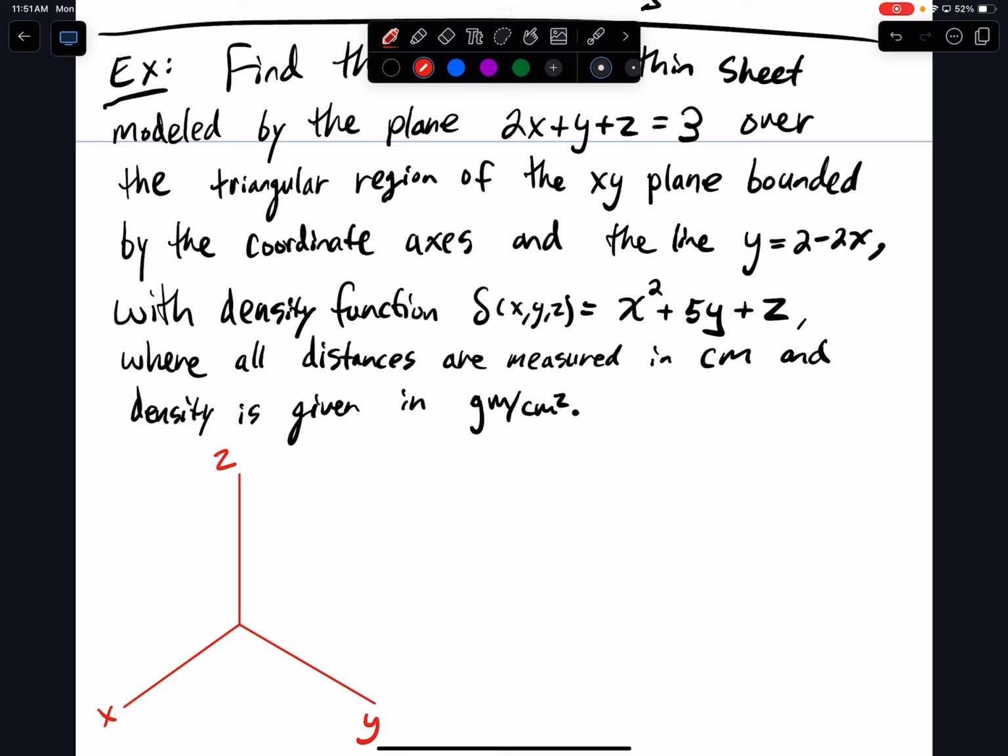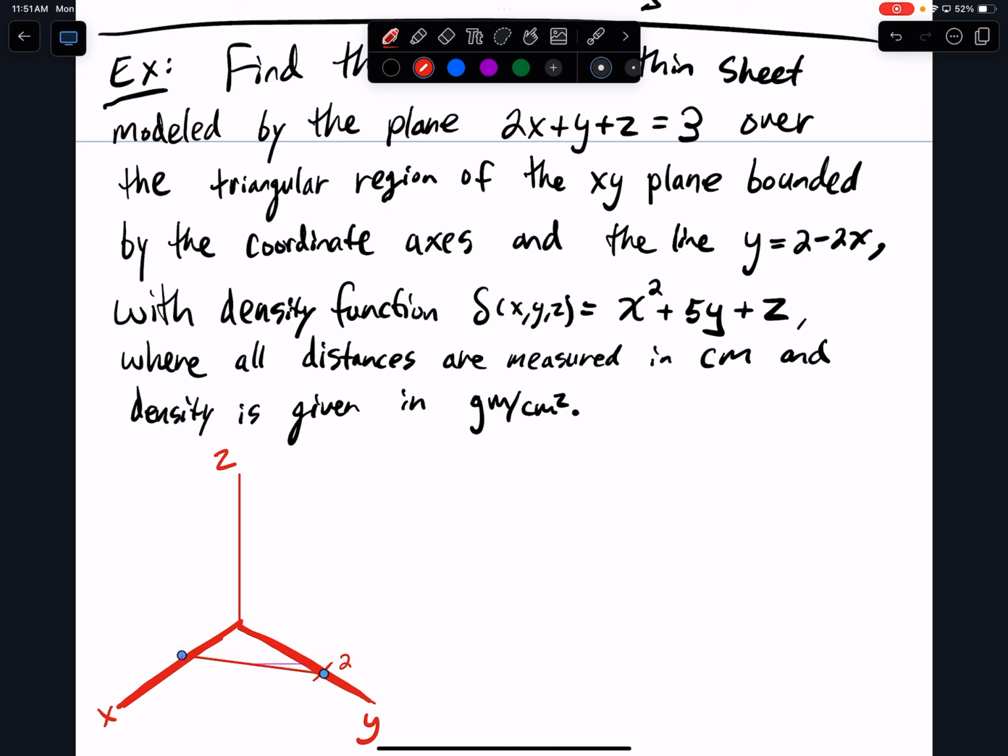So the xy plane, bound by the axes, so the x-axis and the y-axis, right? And then y equals 2 minus 2x. So we're at 2 on the y-axis, and then we're going down, so like this.